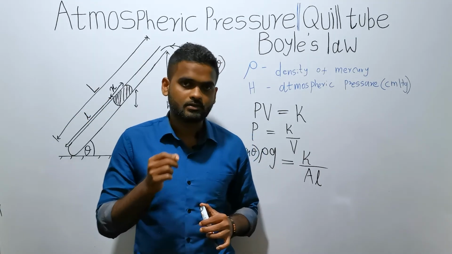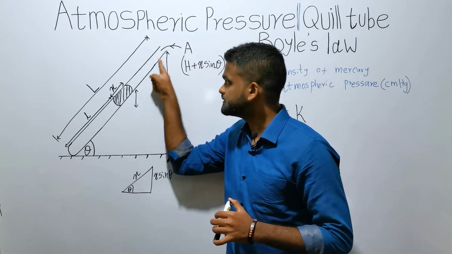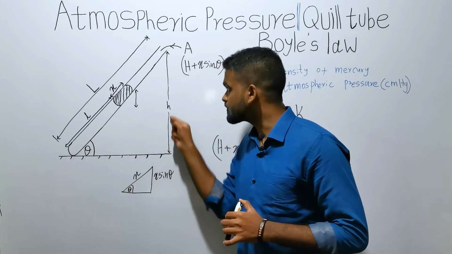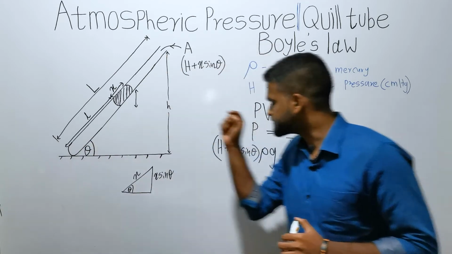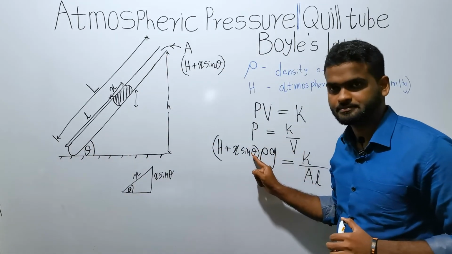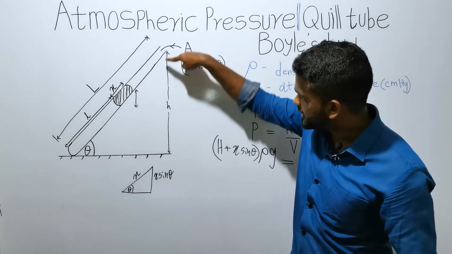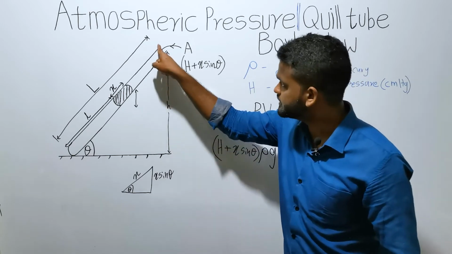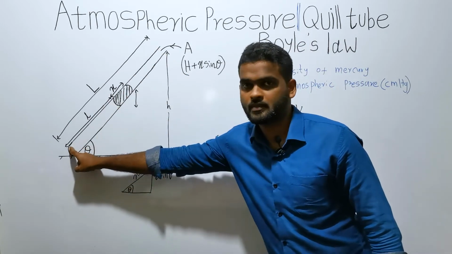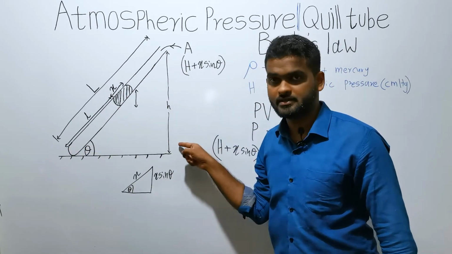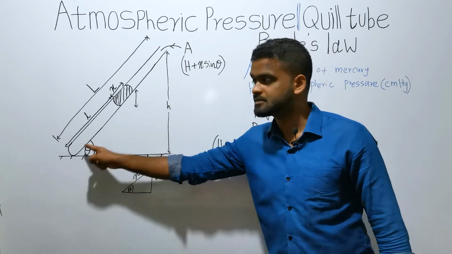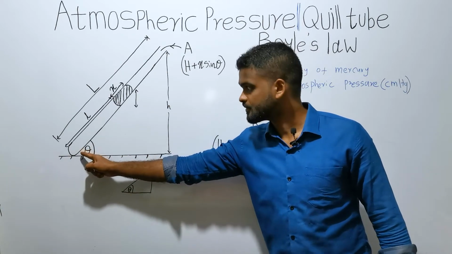Then, if you think about this triangle, we can get a term for sine theta. We will write sine theta as h over capital L, where h is the opposite side of the triangle and capital L is the hypotenuse.